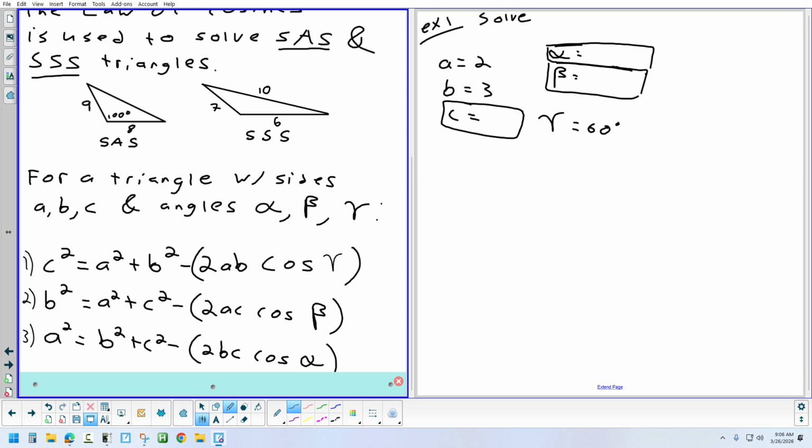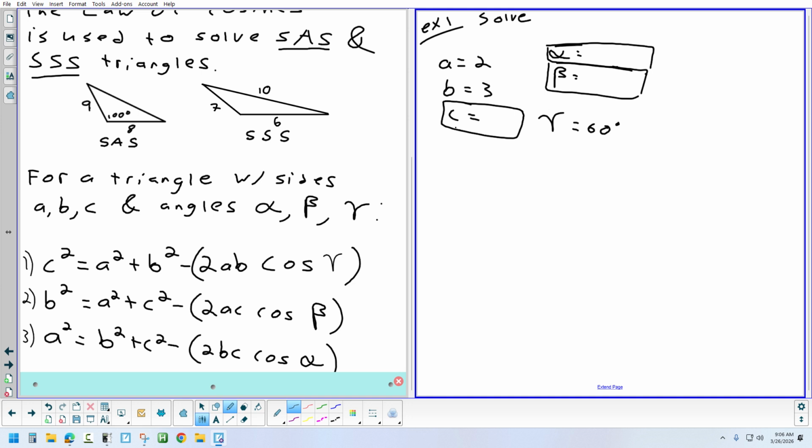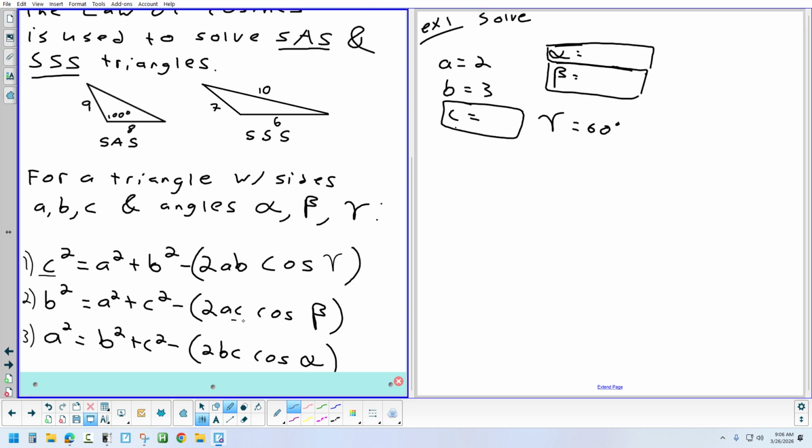Version 1. Yep. You're already missing c, so you're missing something in every formula. If we tried version 2 or 3, we don't know beta and we don't know alpha. That would be a problem, because this formula doesn't work if there are two things missing. It can only be one thing.